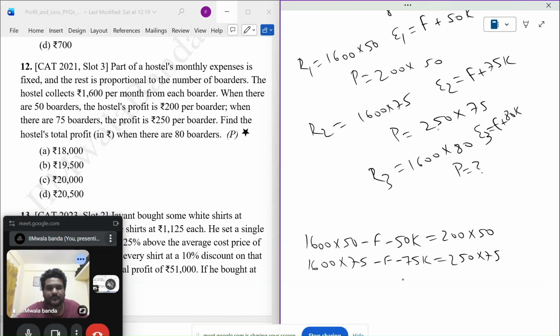This is the second equation. Let's solve for F and K. Two equations we have. Let's subtract second minus first. So this becomes 600 gets common. There is 25. F and F will get cancelled. Minus 20, minus 75 plus 50. So minus 25K. 250 into 75, 200.